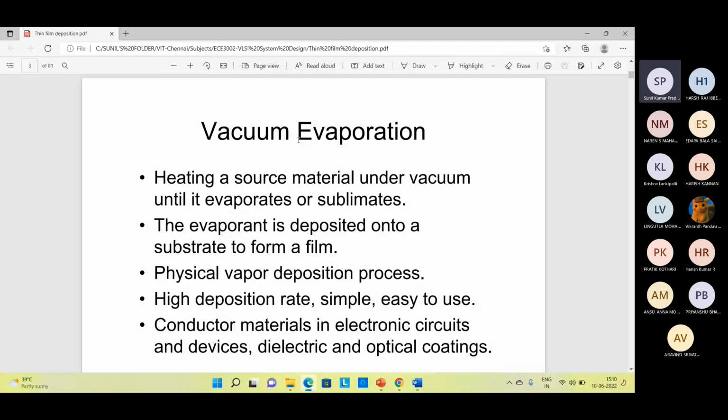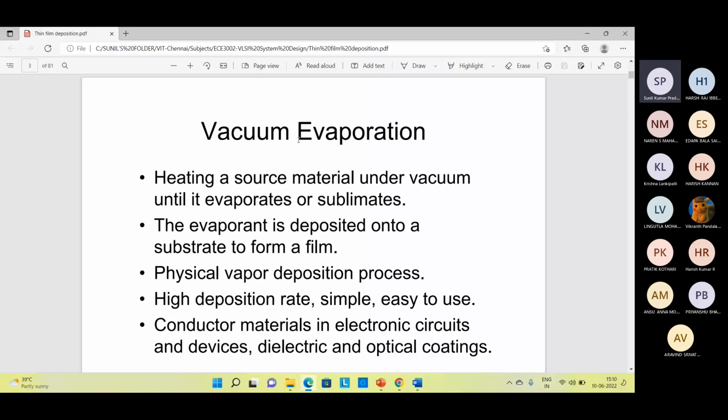So that is what we need for the evaporation system. In the vacuum system, we need to deposit the materials on the substrate, which means the material has to travel from the target to the substrate. So we don't want any foreign particles to be encountered during this deposition process.